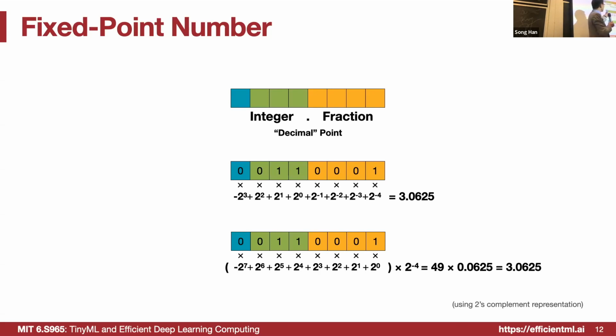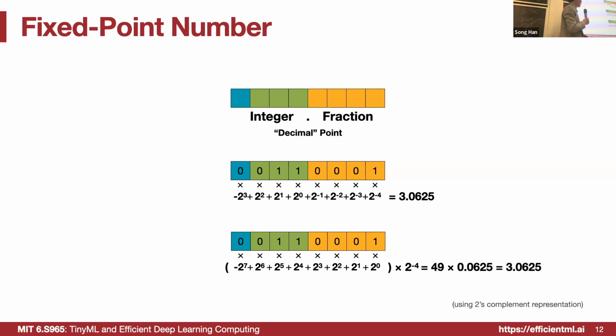For example, above the decimal point we represent starting from 1 to 4, and below the decimal point, starting with half, 0.5, a quarter, 1/8, etc. We add the corresponding bits, and we get 3.0625, represented by this number.